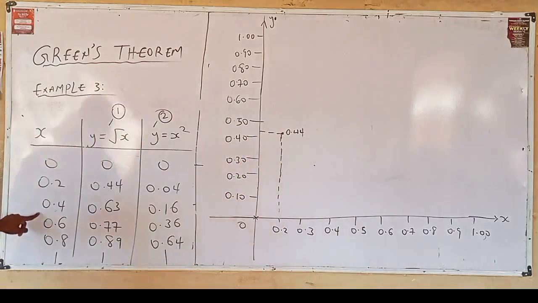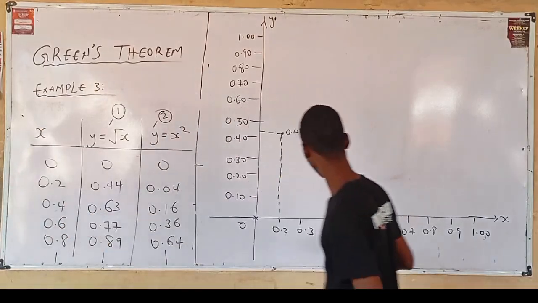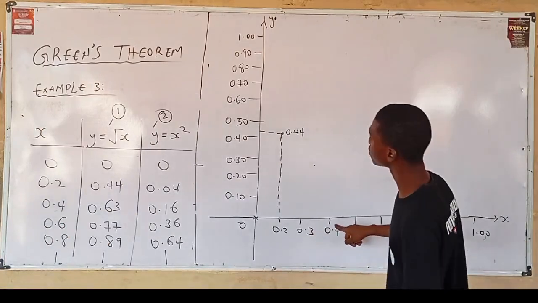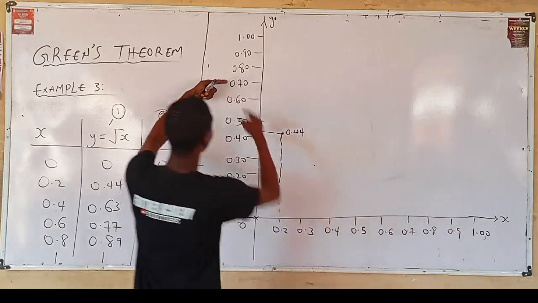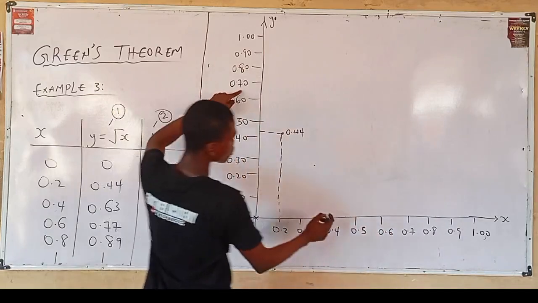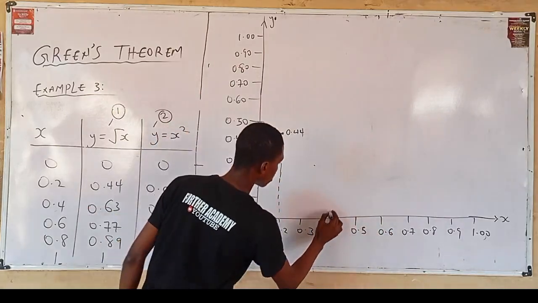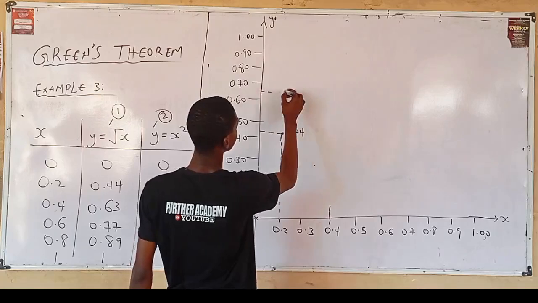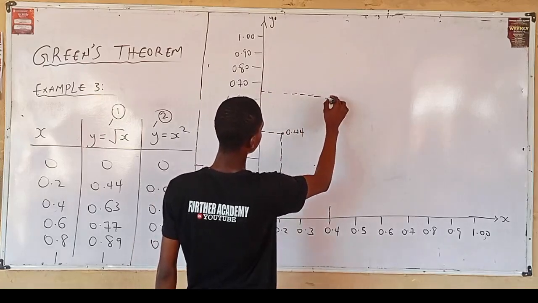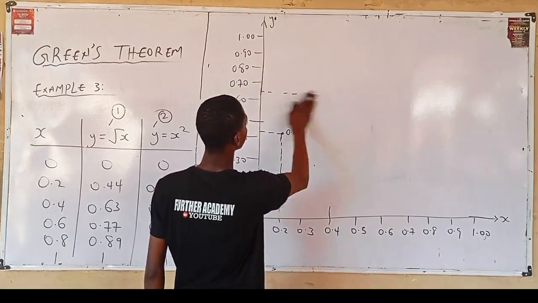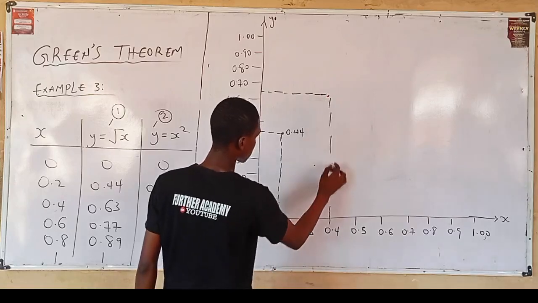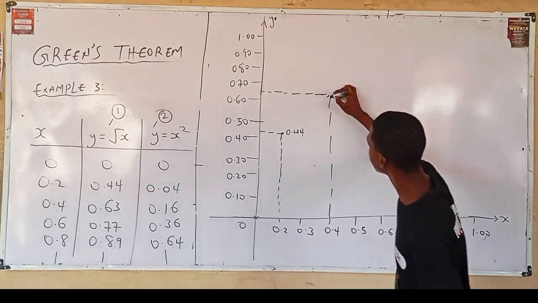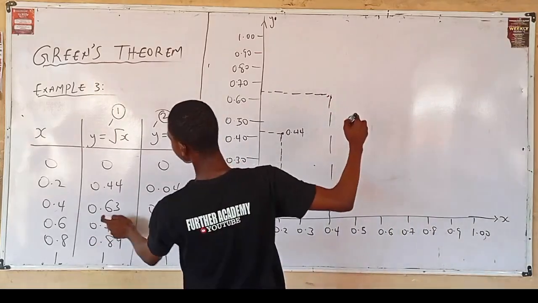Next up, when x is 0.4, y is 0.63, meaning between 0.60 and 0.70. So trace 0.4, let's say I have 0.60 somewhere here. At this point, I'm having 0.63.